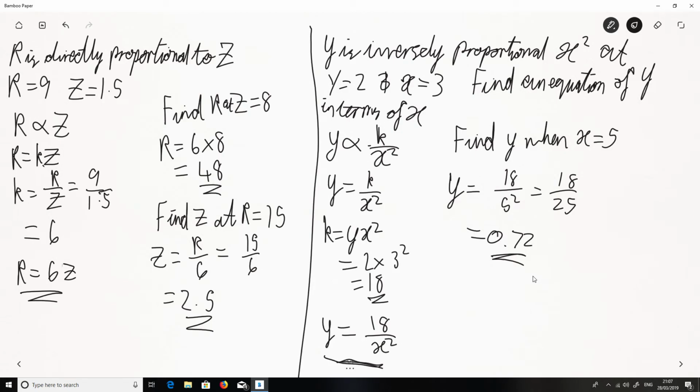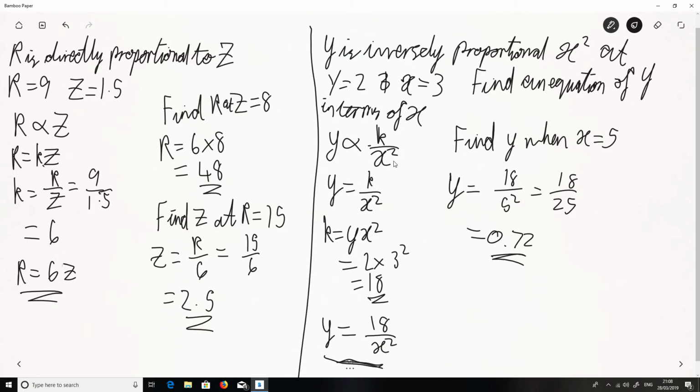So there we go. That's everything I'm going to go through in this video today. Regardless of what your equation is, if you follow the same method, you will be able to find an equation and solve it for another value. Like if it says proportional to x plus 3, for example, then you just do the same thing but with x plus 3 instead of z here, or inversely proportional, you do proportional to k over x plus 3 there.